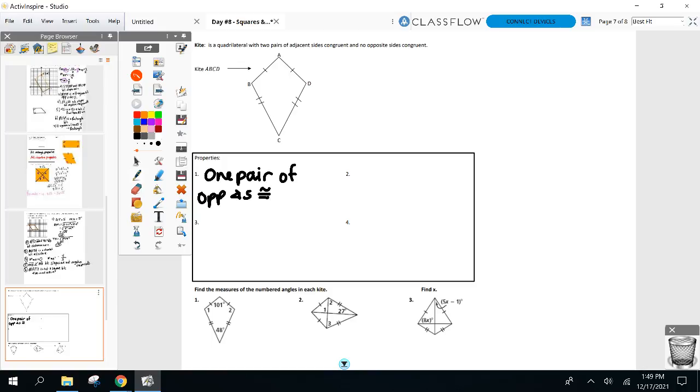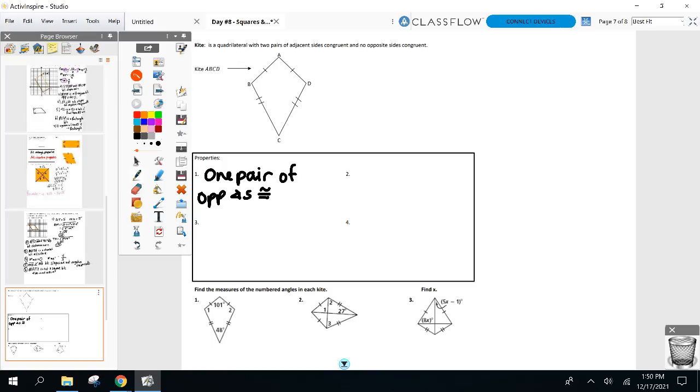So now the next question you're going to ask is what? Which pair? A and C or B and D? Which pair are you talking about there, Carlino? The ones that are formed by the non-congruent sides. The pair of angles that are congruent are the ones formed by the non-congruent sides, which would be what in our diagram?